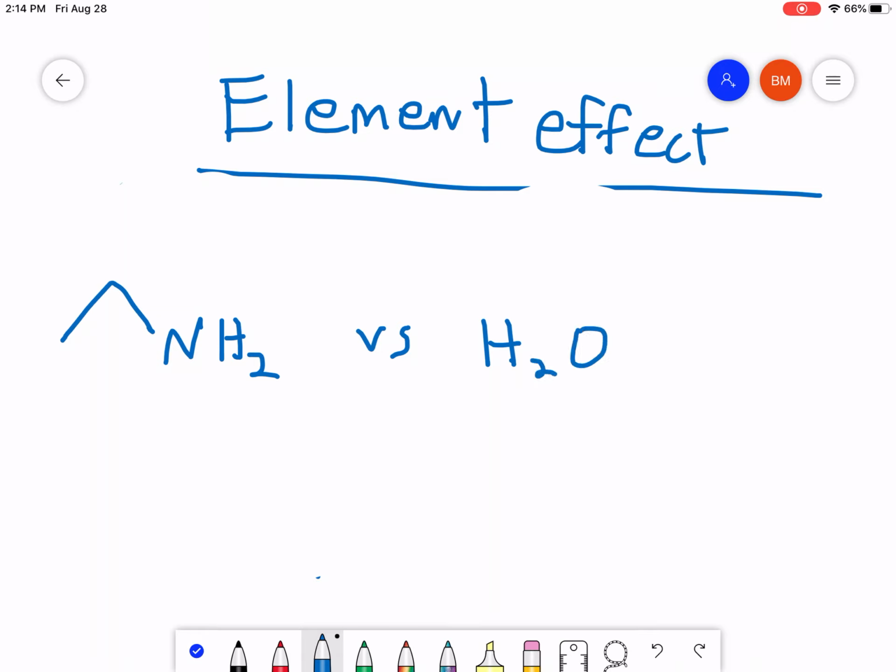First of all, you can actually use the element effect to determine the most acidic protons within a molecule as well. If you look at this structure on the left, we actually have 3 different sets of protons: 3 H's here, 2 H's on this carbon, and then 2 H's over here. So if you're confused about which one of those is going to be the most acidic atom in the molecule, you can use the element effect.